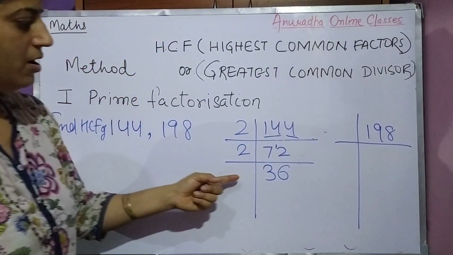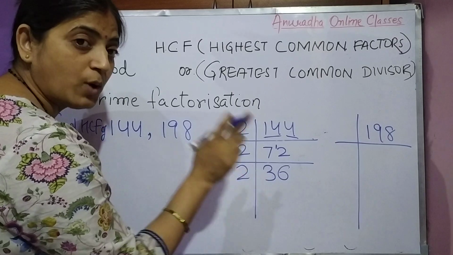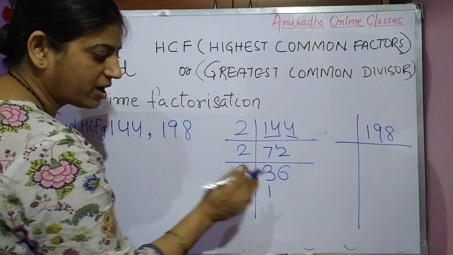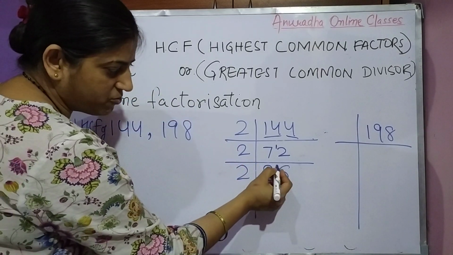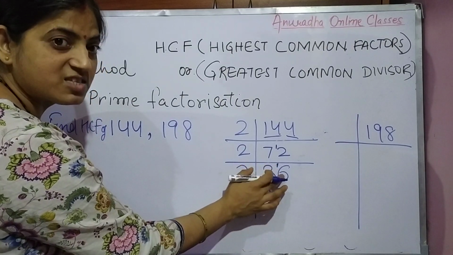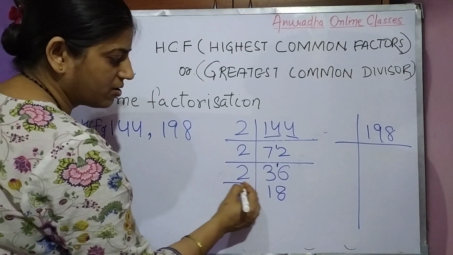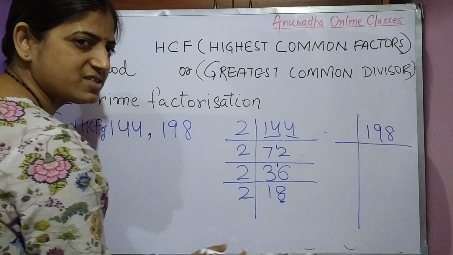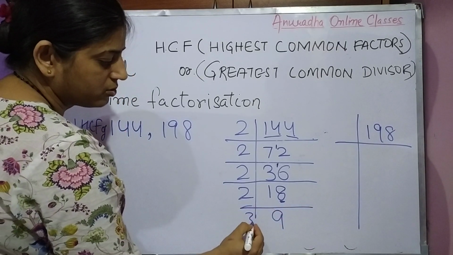Like this also you can do, but try to do in this manner. Then come to the next. Again 3. 2 1s are 2 and 2 2s are 4. 4 is greater. So what we have to do? Take 2 1s are 2. 3 में से 2 गया. What is left? 1 is left. Shift 1 that side. Now it is not 6, it is 16. 2 कितने से 16 होगा? 2 8s are 16. Now 2 again, 2 9s are 18.